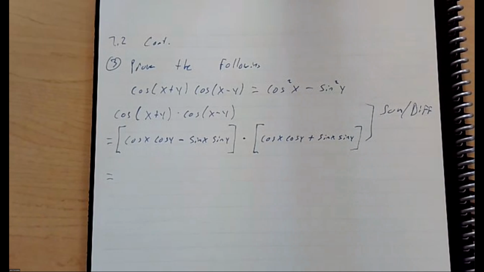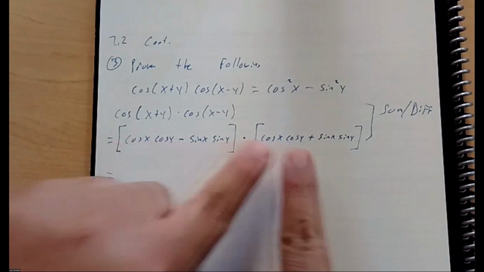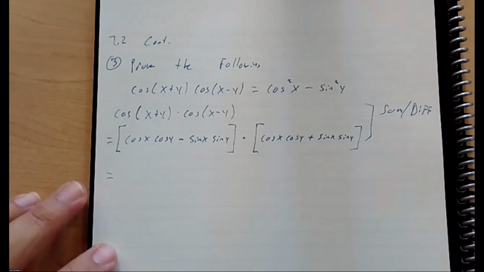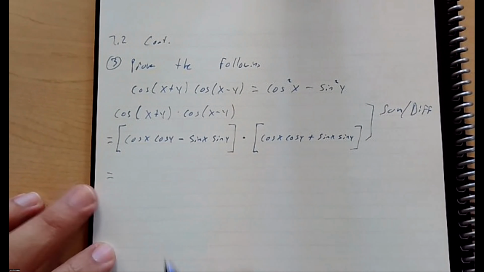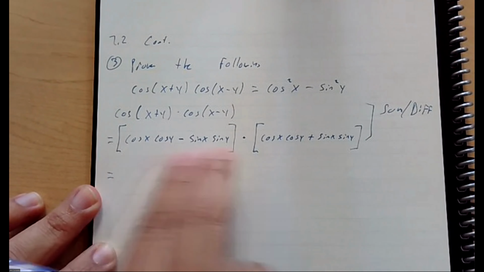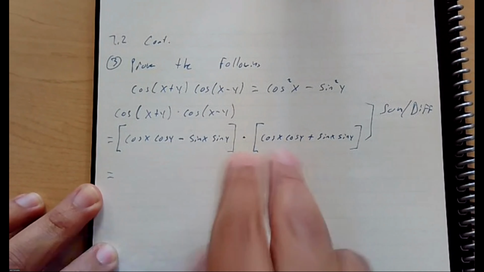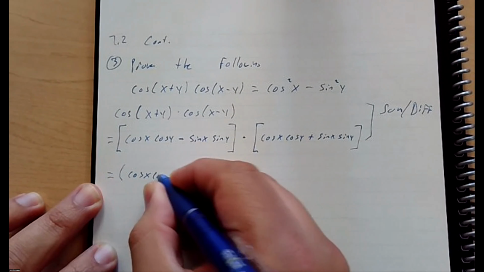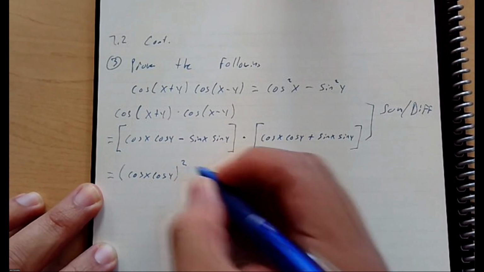But this one, all we can do is multiply stuff out. We got this times this and this times that. Okay, just multiply everything. No matter what, it's going to be annoying. So cosine x times cosine y, you notice how those are the same, so that'll just be a square: cosine x cosine y squared.